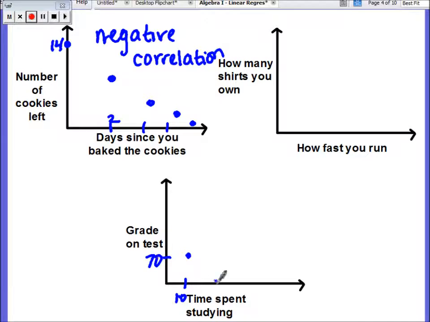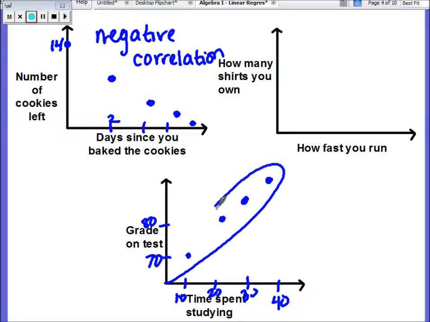But maybe if you spend 20 minutes studying, you'll get an 80%. Or if you spend 30 minutes studying, maybe an 85, and so on and so on. So the more time you spend, hopefully the higher grade that you're going to receive, and that makes some type of positive correlation, because as your x values increase, as your time increases, your grade increases.